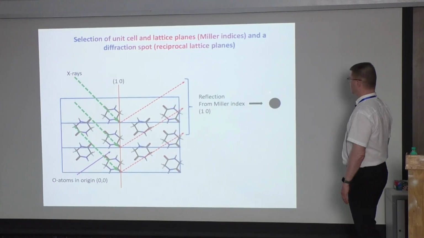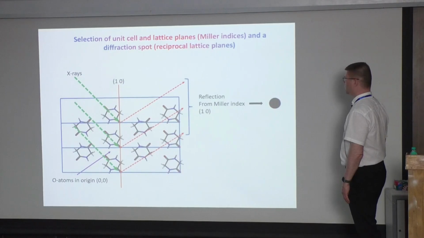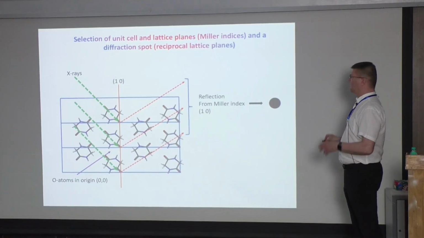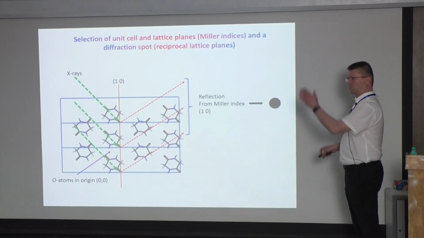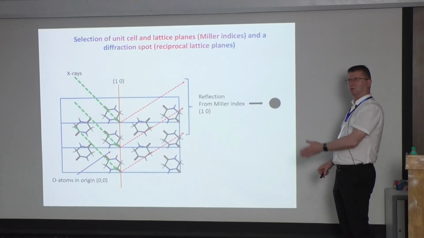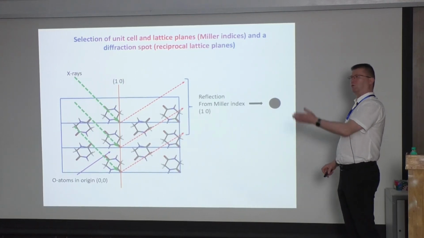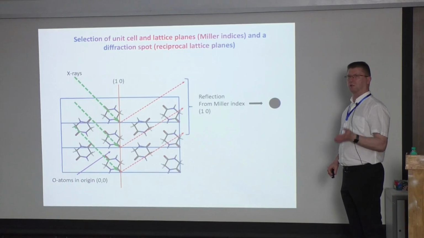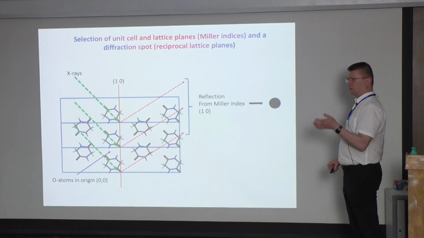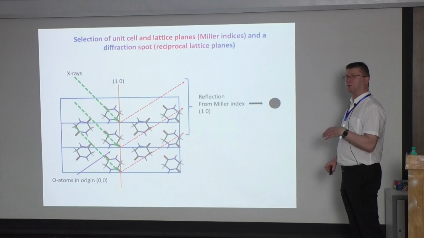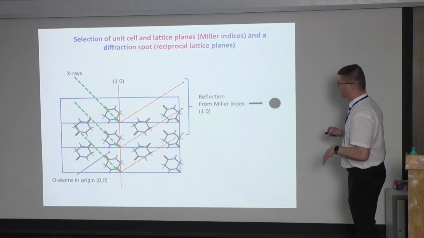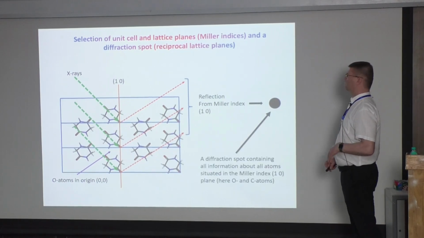So that is the idea: when we see a diffraction spot, it indicates that in this particular orientation there are atoms. Later on you will learn, but it's already been discussed, that X-rays diffract from the electrons of an atom. So there are electrons, and they cause the diffraction.